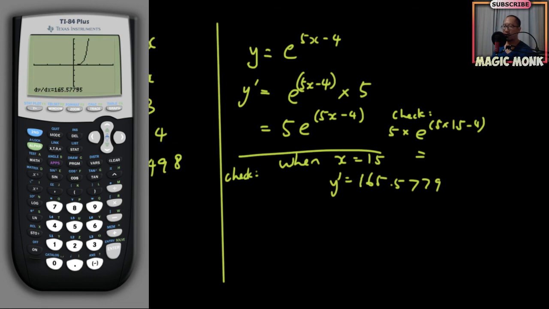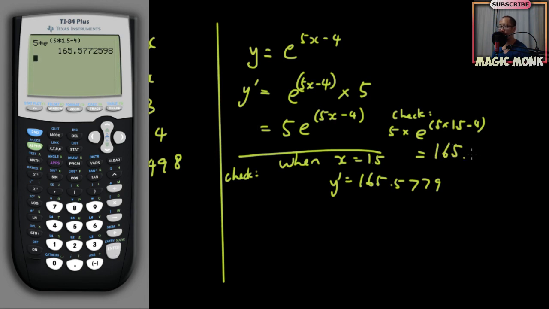I might as well just type it in. 5 times e to the power of 5 times 1.5 minus 4. 165.